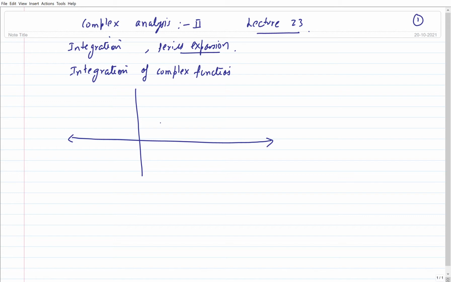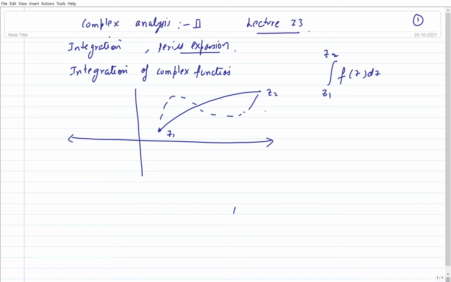So I have a function. I need to integrate from the limit z1 to z2. I'm just pictorially representing this. Now notice I can take several paths from z1 to z2. I can take some other path as well.